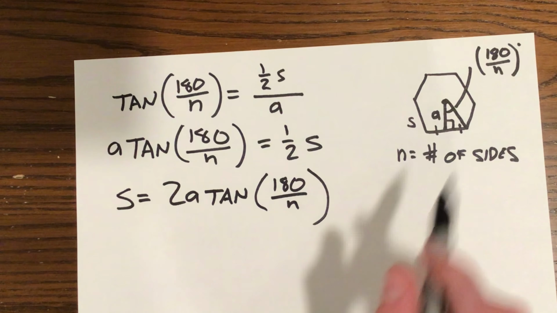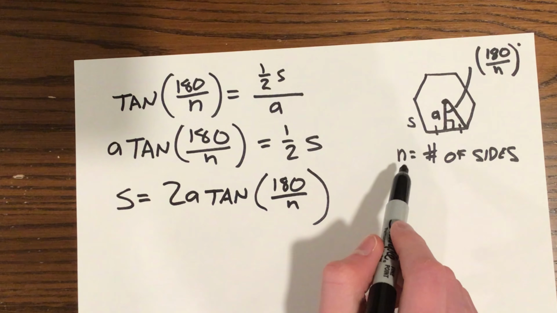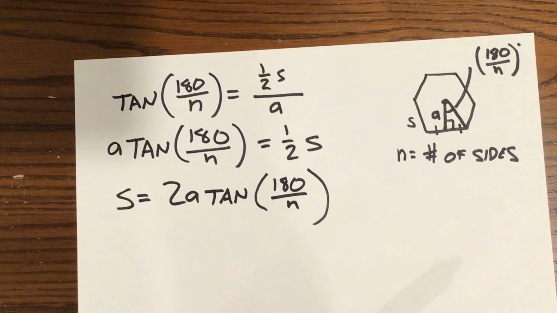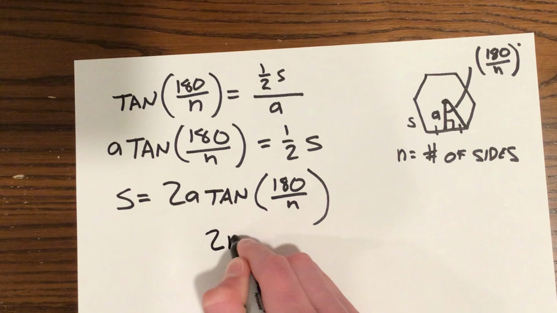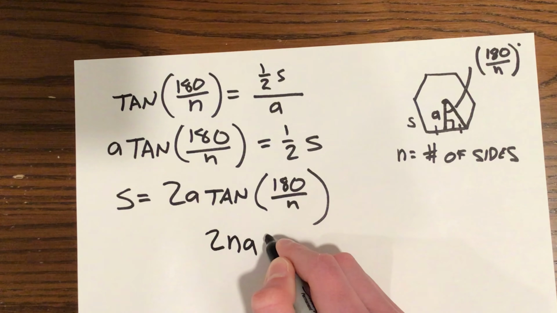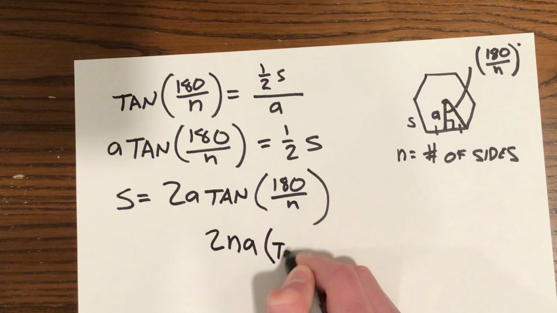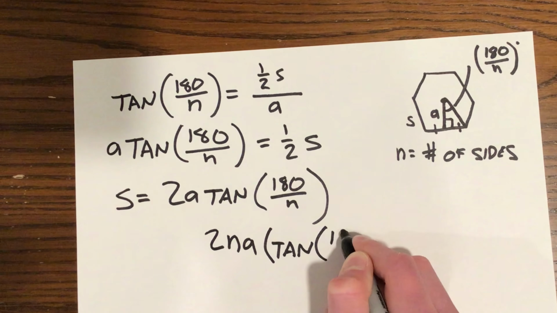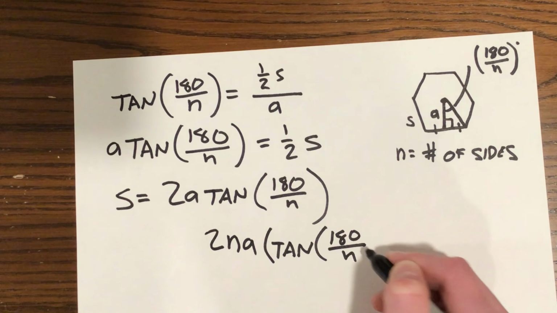The perimeter of the polygon is equal to n times s. That is 2na times the tangent of 180 over n.